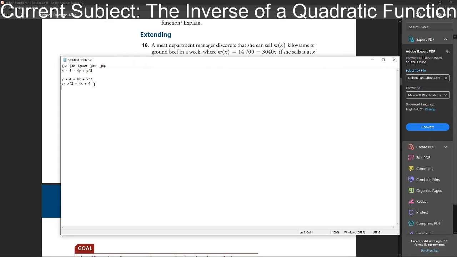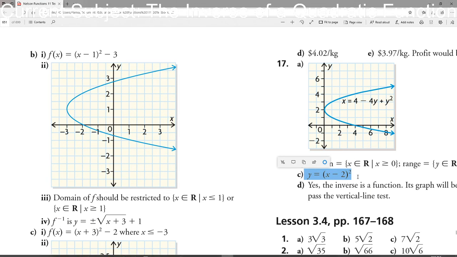Wait, it's going to be x minus 2. Okay, yeah. So then we got minus 2 and minus 2 when multiplied together give us 4, and when added together give us minus 4. So what we end up getting is y is equal to x minus 2 squared, which from what I remember is the answer we got here.